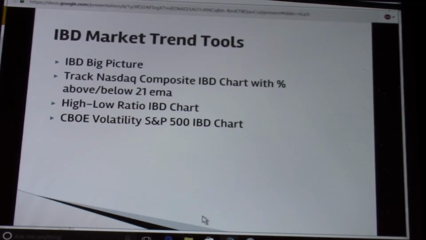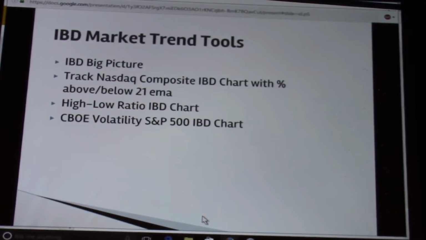On the psychology side of things, when you go to market trend tools, those five psychologies, if you page down, will be summarized, and the raw data for the day's close will be down the right-hand column. Two of the critical things, in addition to the put-call ratio that we refer to, is the high-low ratio.